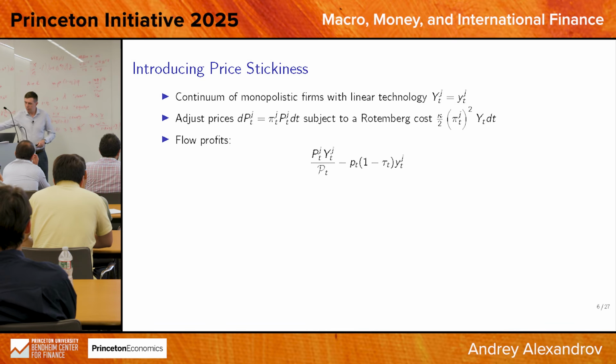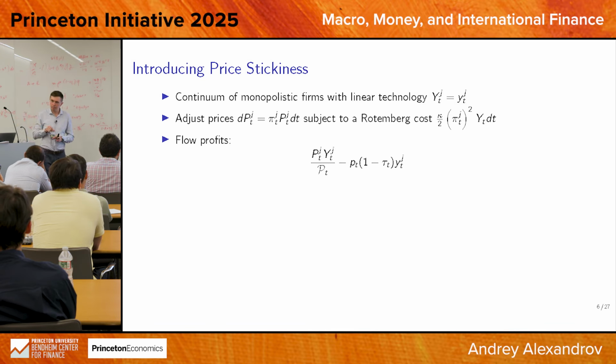Yes? Why can't they choose a strategy that loads on the aggregate shock? It's an assumption of your price stickiness. They would still be sticky. Now, you could, because you still have the adjustment costs, but then you would have to specify what your adjustment is. So here I'm specifying the adjustment in terms of the drift. The adjustment is in this pi_jt, that's the adjustment cost, and that's the drift part.